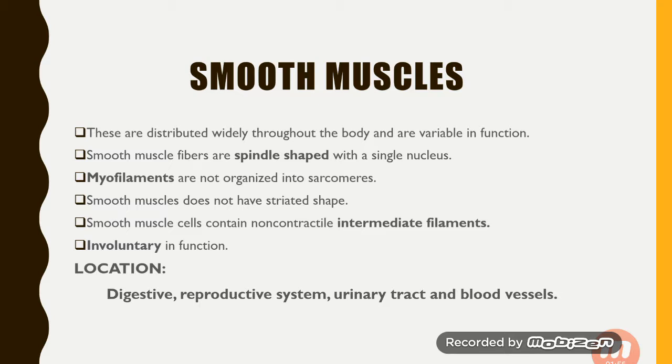First type of muscles are the smooth muscles. These are distributed widely through the body and they have a variety of functions. The muscle fibers which are present in smooth muscles are spindle shaped.